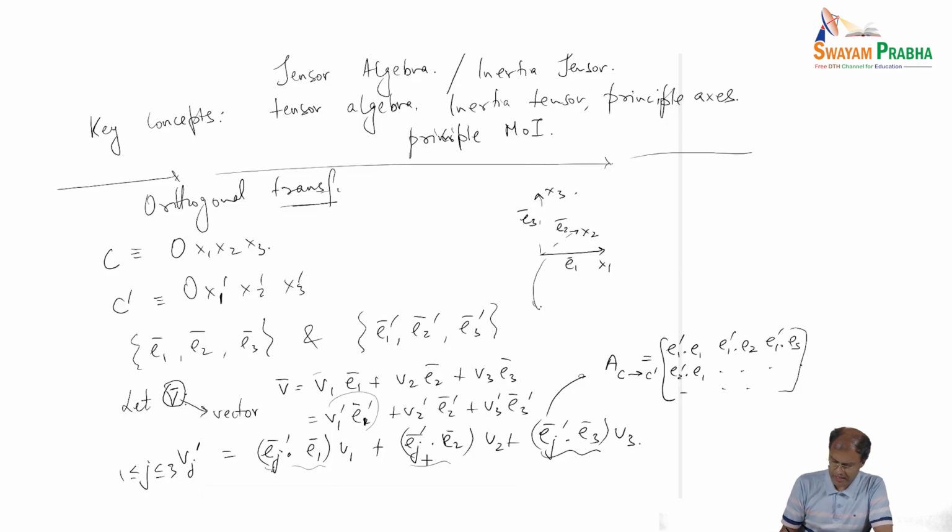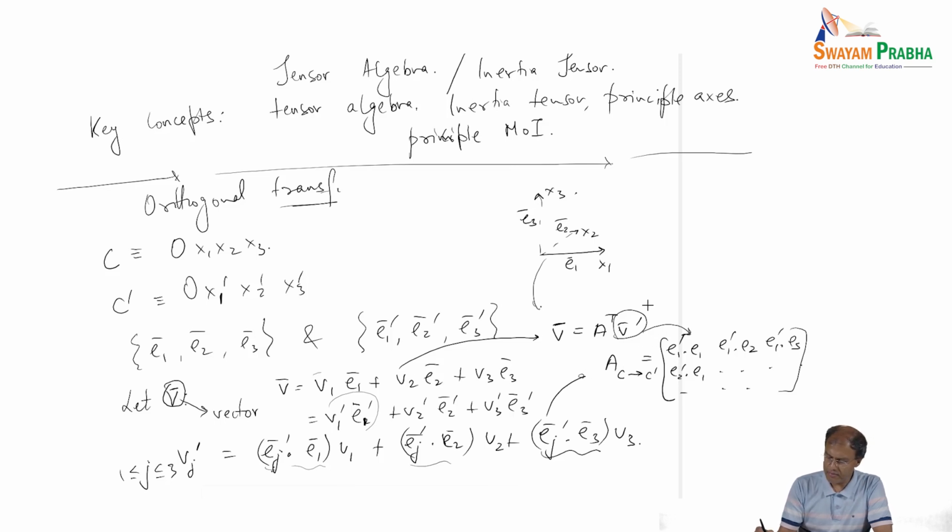What we see here is that any vector V in the coordinate frame C can be written as A transpose times V prime, where V prime is this quantity here.